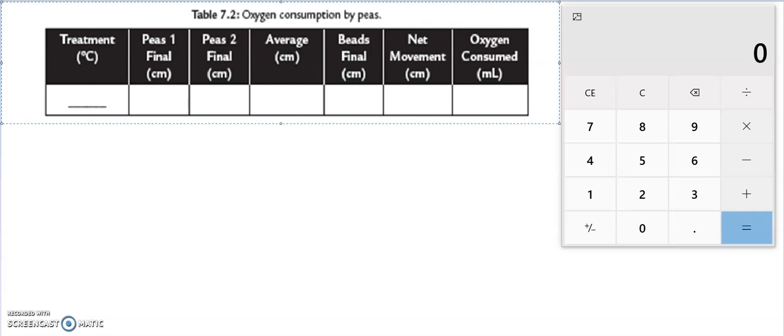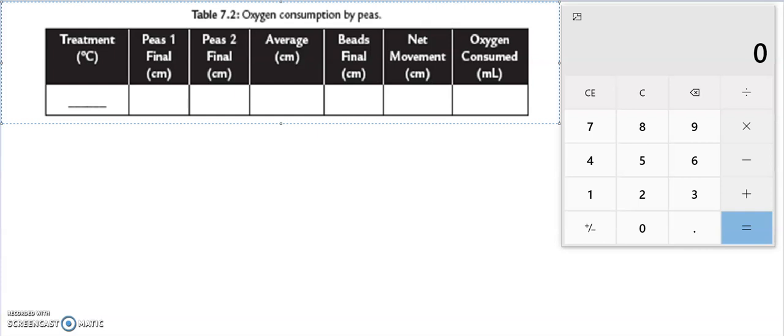So in your classroom, you're going to have 6 different tubes, or 6 different groups really, running this experiment 6 different times. So each group will just have to do one experiment. But then you're going to have to tally all your data together and get a nice average to really represent what's going on with these peas.